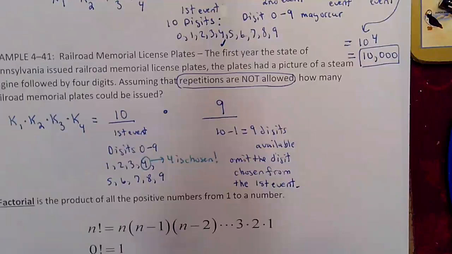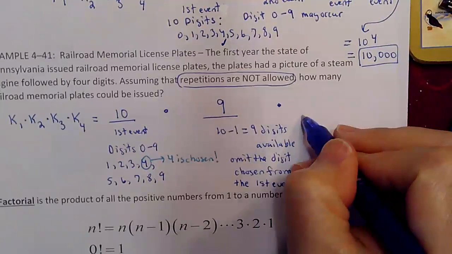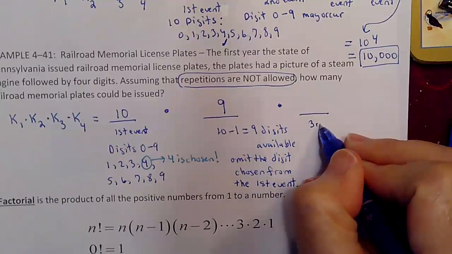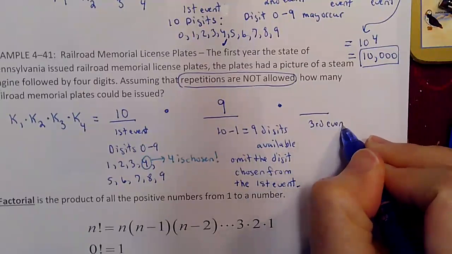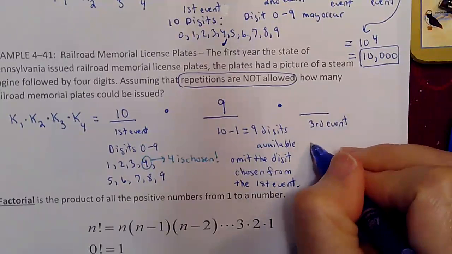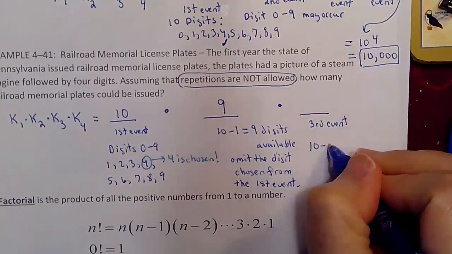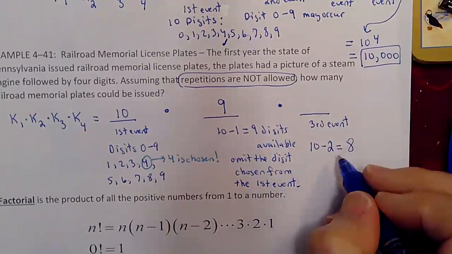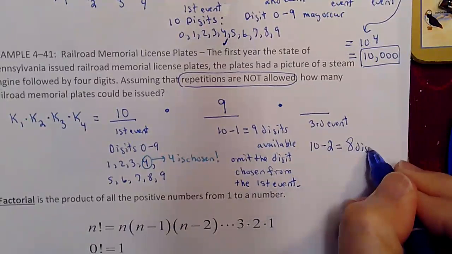Now when you choose the third event, from the 10 digits you have to take away 2 of them. 10 minus 2 is 8. So you have 8 digits available.